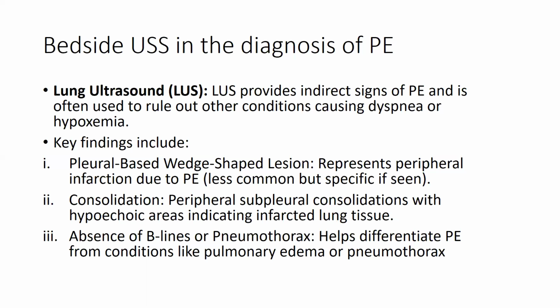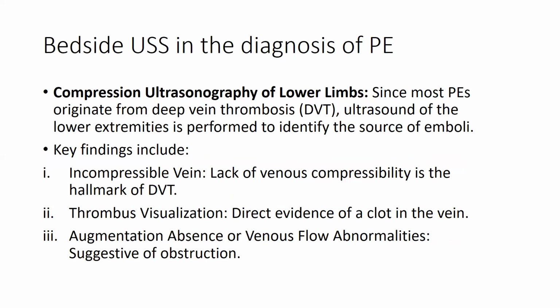And this is what you see on lung ultrasound. Absence of B lines or pneumothorax in a patient with acute respiratory distress will point to pulmonary embolism. So when you do not have B lines and there's no pneumothorax, but this patient is still hypoxic or in acute respiratory distress, lung ultrasound helps you to point to pulmonary embolism.